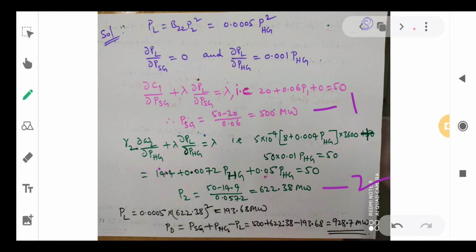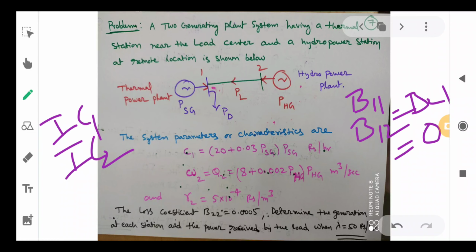Line loss equal to B22 into P2 square. Other terms will become 0, and hence let us substitute B22. You will get 0.0005 into PHG square, PHG being the hydropower generation. Therefore, all the way PHG has to flow through the transmission line, and hence line losses are expressed in terms of PHG.